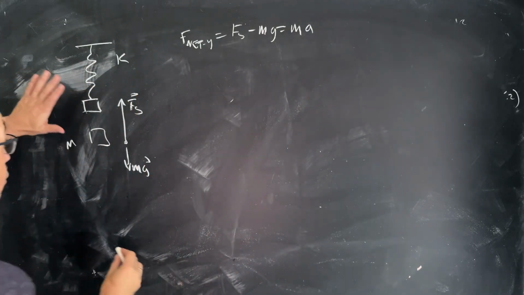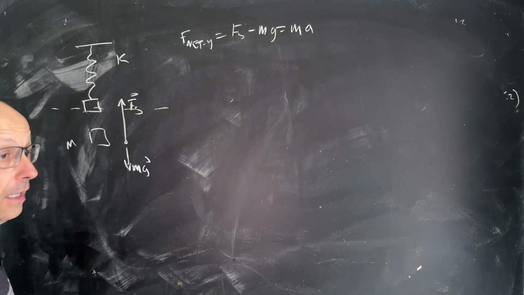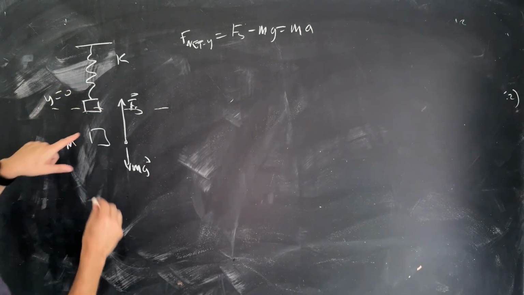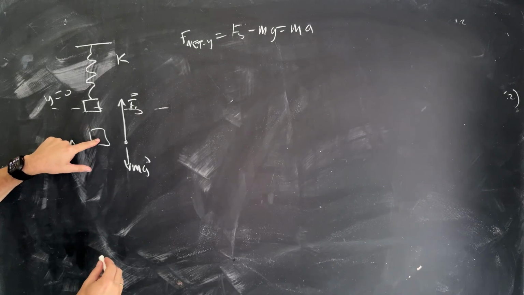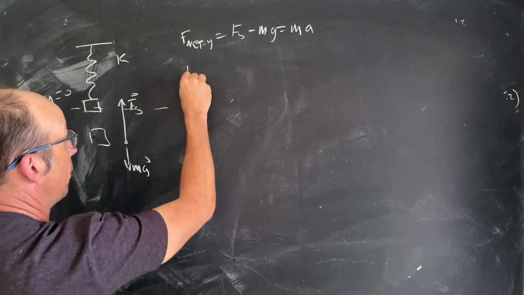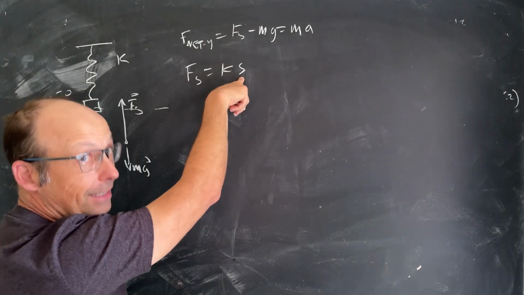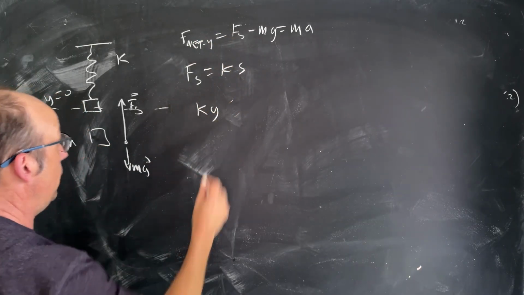And now, just to make things easier, let's say that at this equilibrium position y equals 0. So down here it has some negative y value. So the force due to the spring, remember, Hooke's law says that this is k times s, but s is y. So I'm going to put that in up here. I have k y, right? It's upwards.